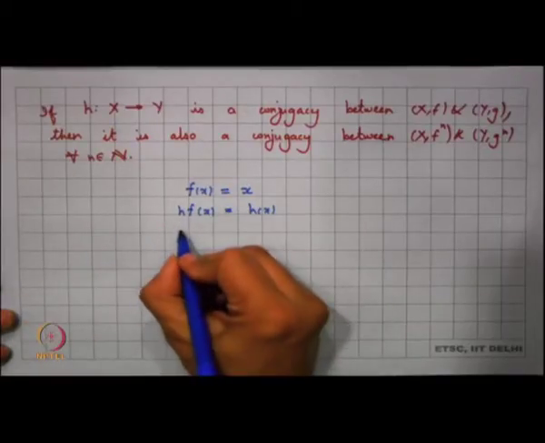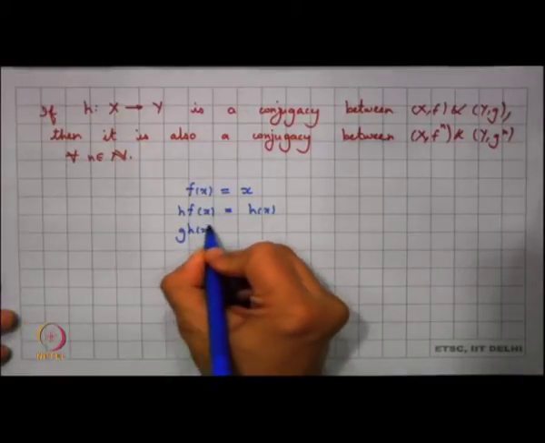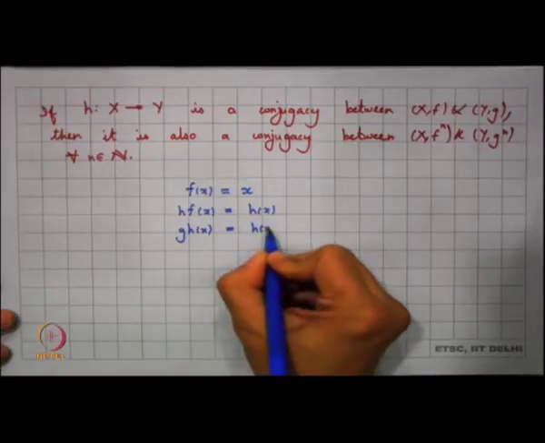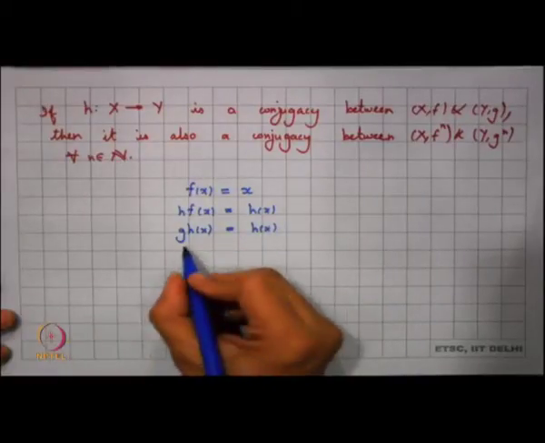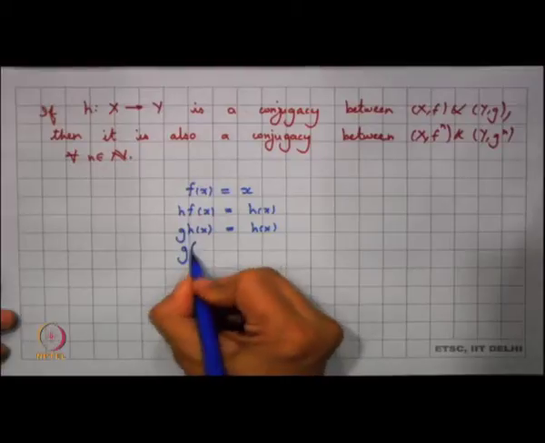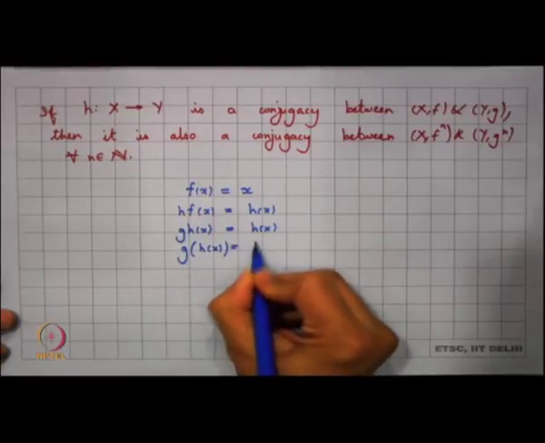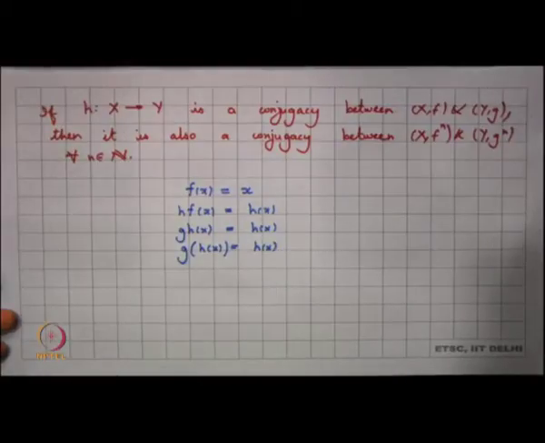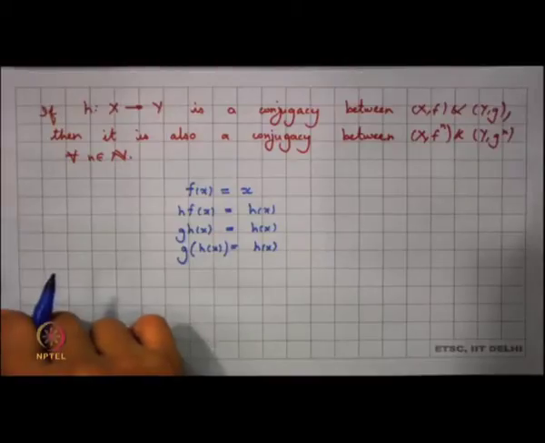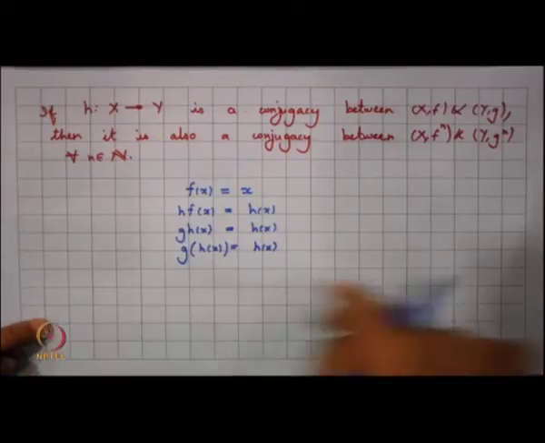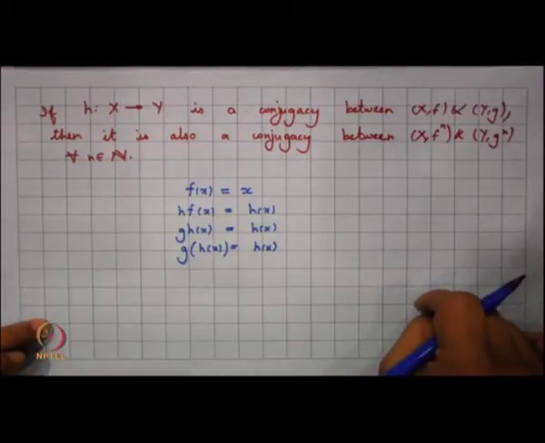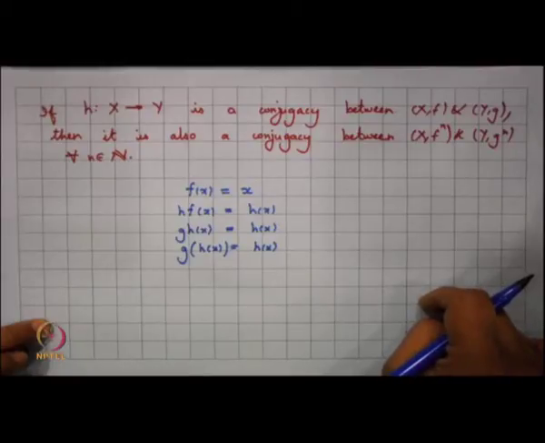So, what we get here is g(h(x)) is the same as h(x), since we are looking into composition, which tells me that every fixed point of f in X corresponds to a fixed point of g in Y, right.